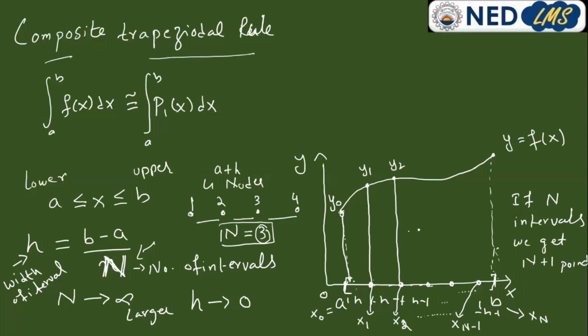If I continue like that, I will reach some second last point as well. Let's draw the second last here, not here. This second last point has coordinate x subscript n minus 1, so its height would be y subscript n minus 1.